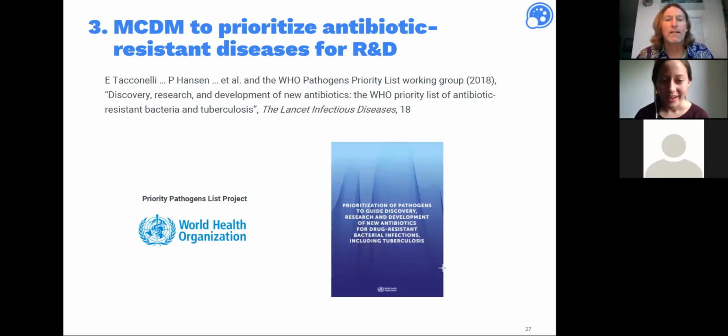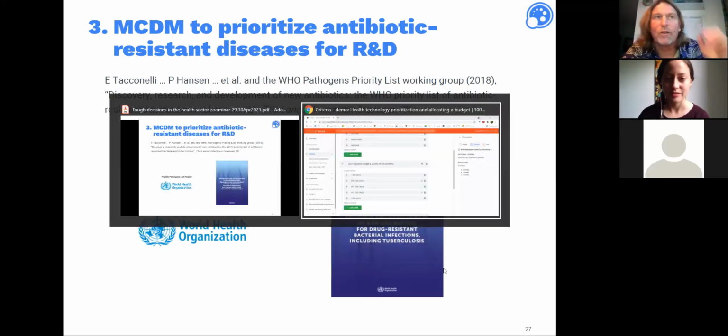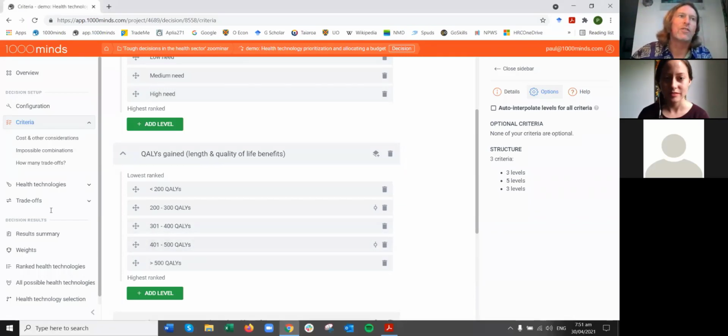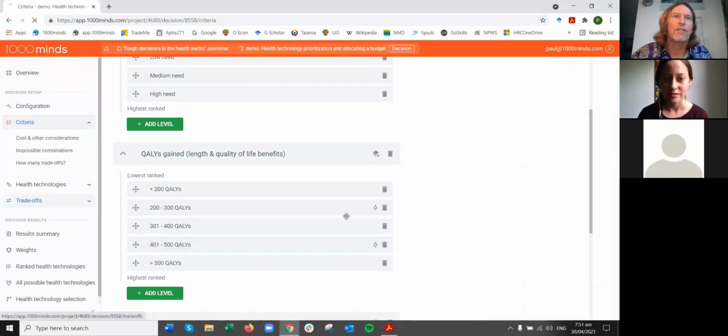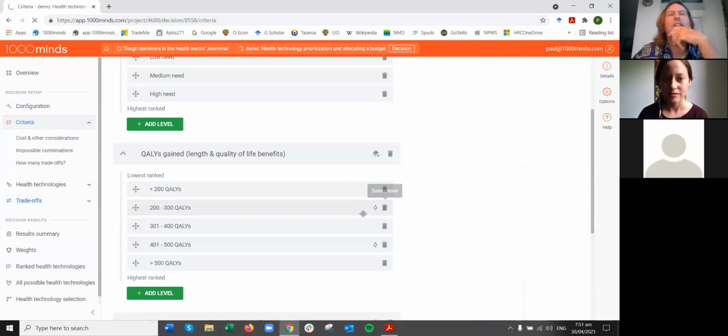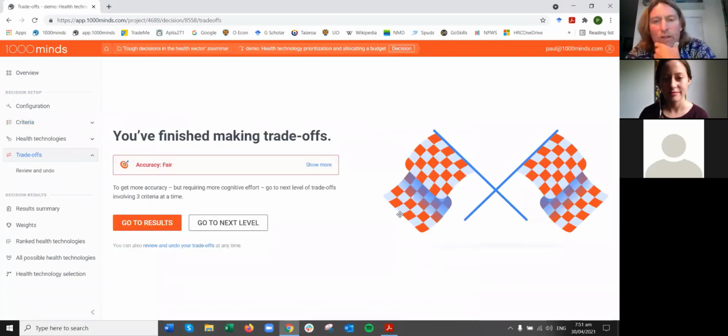And how has 1,000 Minds managed to eliminate the inconsistency of the decision maker? Oh, that's a great question. That's part of the PAPRIKA algorithm. Fundamental to answering those trade-off questions is enforcing consistency. And so your reaction is, well, what if people are inconsistent?